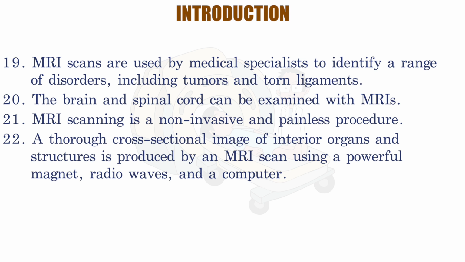The brain and spinal cord can be examined with MRIs. MRI scanning is a non-invasive and painless procedure. A thorough cross-sectional image of interior organs and structures is produced by an MRI scan using a powerful magnet, radio waves, and a computer.